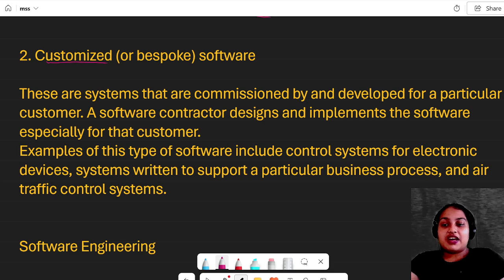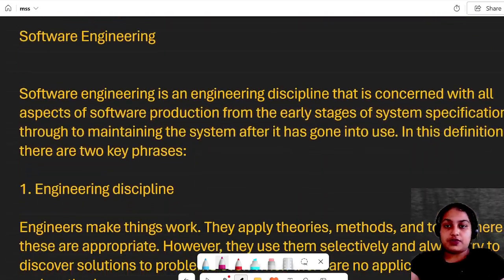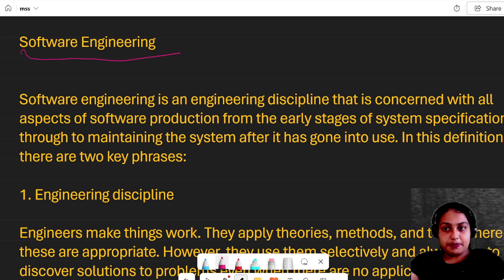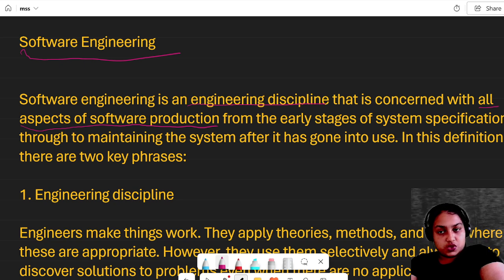Then we have software engineering. What is software engineering? This is the definition. Software engineering is an engineering discipline that is concerned with all aspects of software production, from the early stages of system specification through to maintaining the system after it has gone into use.